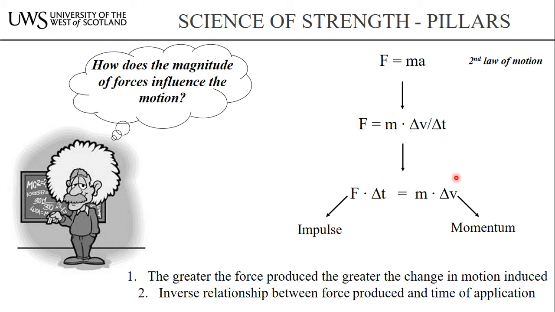So the total momentum at the end of the motion would be 100. It doesn't matter right now what the measurement unit is. This 100 actually can be the result of 20 units of force by 5 units of time. So we have a large amount of force produced during a relatively short duration in terms of time of the movement.